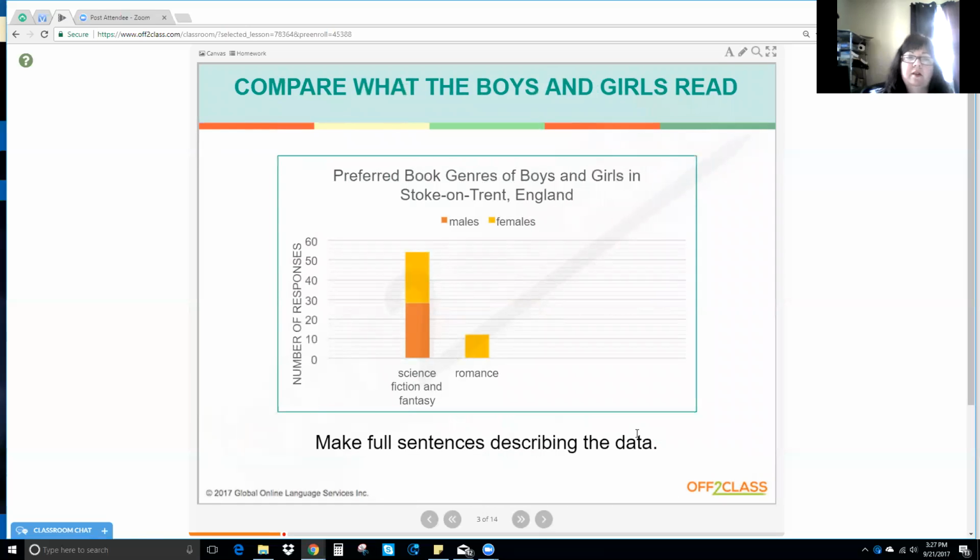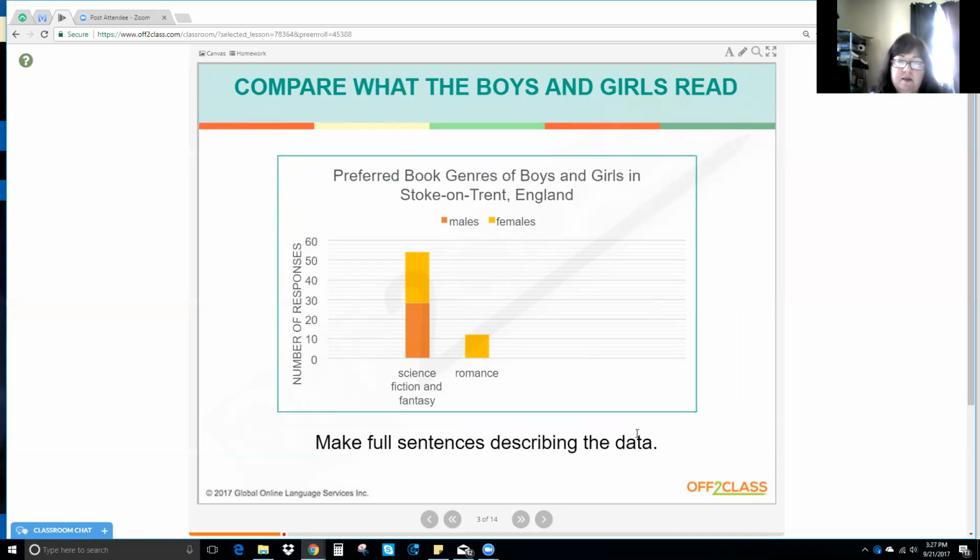Okay, so here's another example. Preferred book genres, this word is genres, of boys and girls in Stoke-on-Trent, England. Okay, so we're going to make full sentences describing the data. So here we have a bar graph that demonstrates the differences between males and females in Stoke-on-Trent, England, with regards to their preferred book genres.